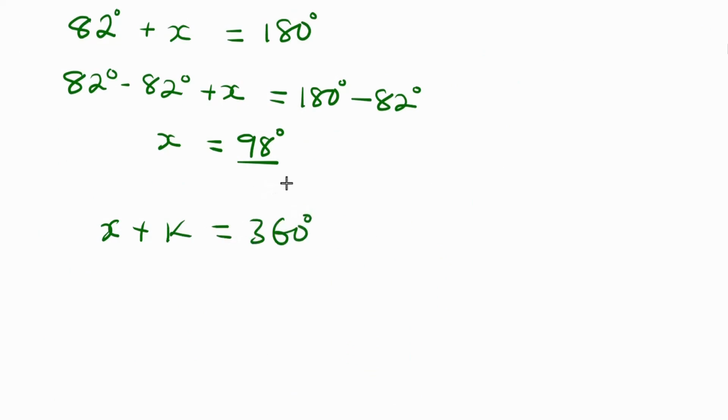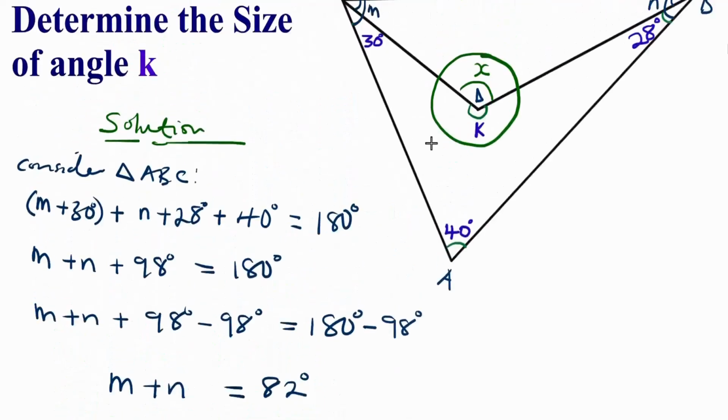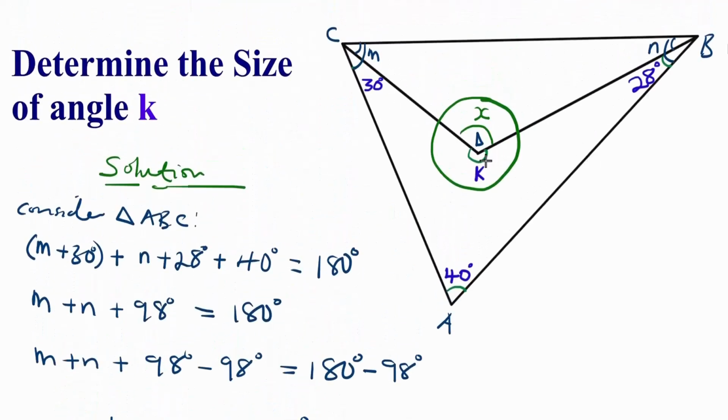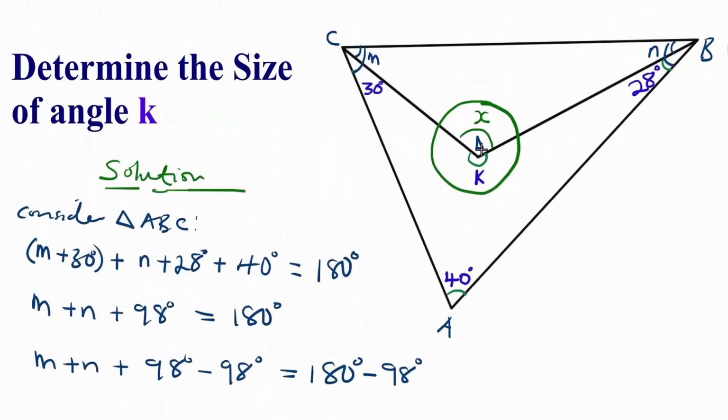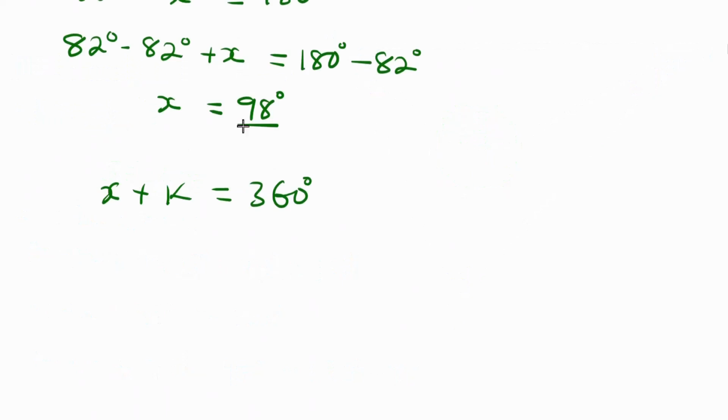We are doing this because as you look at this diagram, angle K is a reflex angle, which is above 180. You know very well that the value of X is 98, so we substitute in.